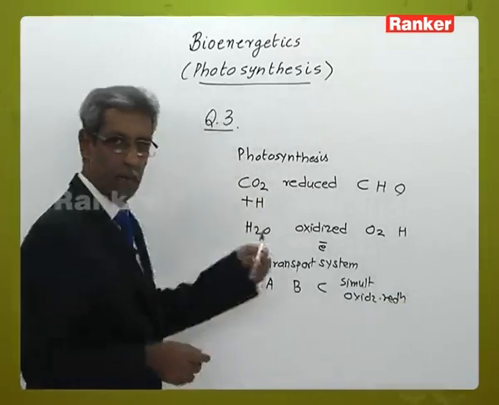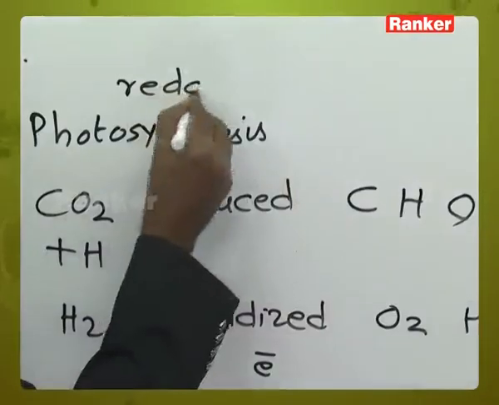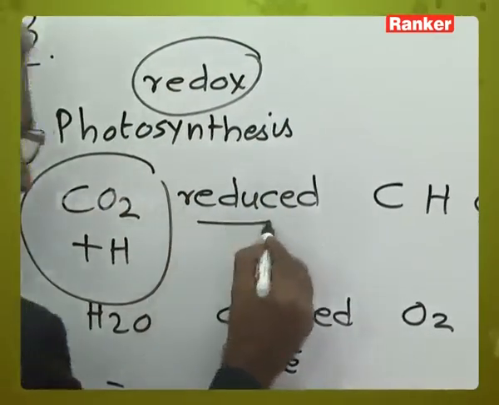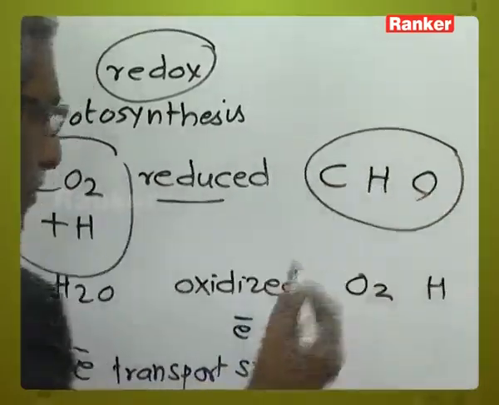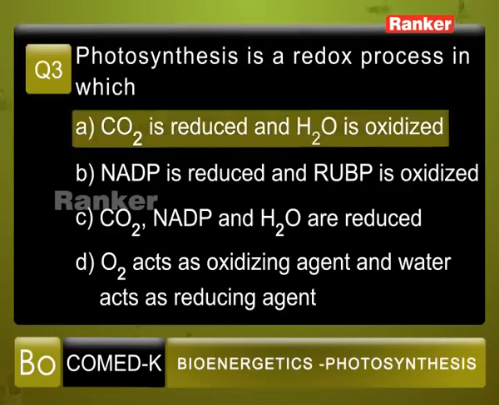So, photosynthesis is a unique process wherein it is a redox process. It is called a redox process because carbon dioxide combines with hydrogen and gets reduced, and it results in the formation of CHO. Hence, the right answer is A.